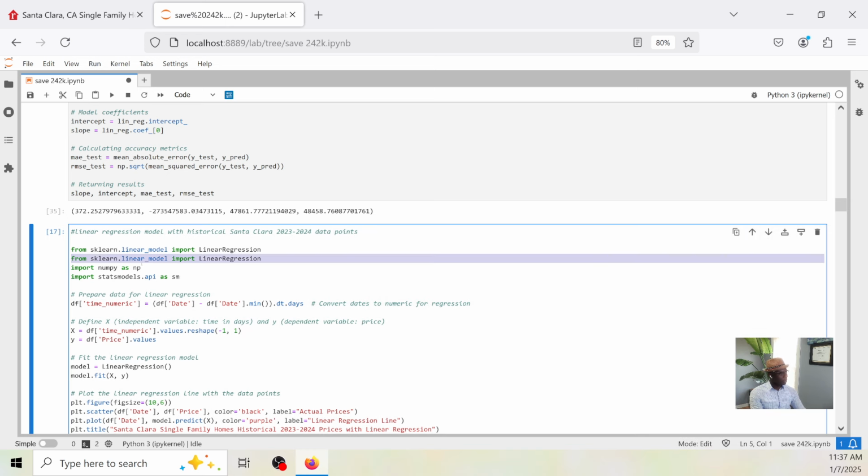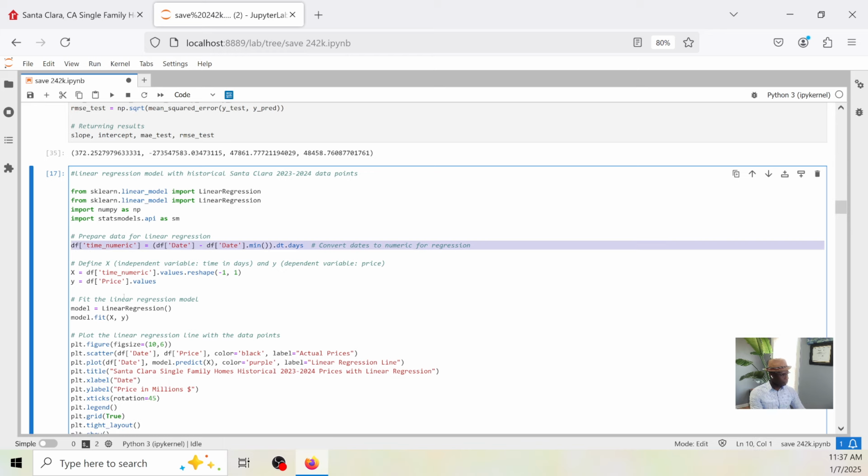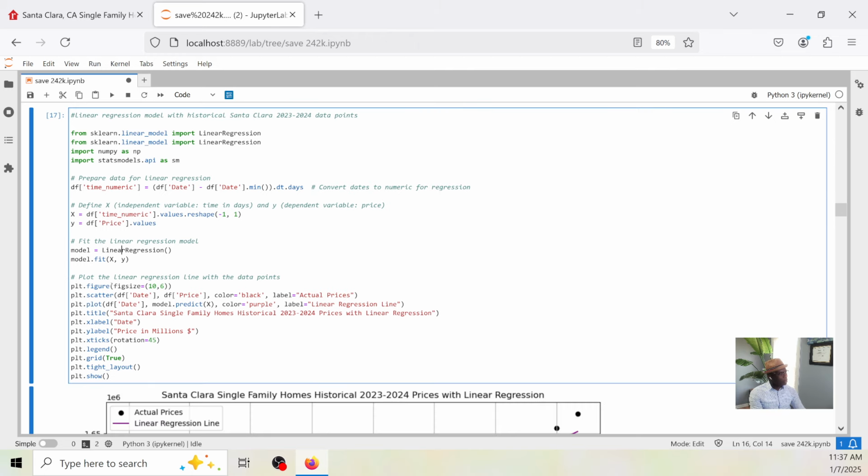So again, I'm just going to import linear regression, import numpy. I'm going to fit this X, Y model, and I want my color to be black, price, purple, and this should be Santa Clara single family home historical 2023 prices with the linear regression fitted on top, date, price in millions.